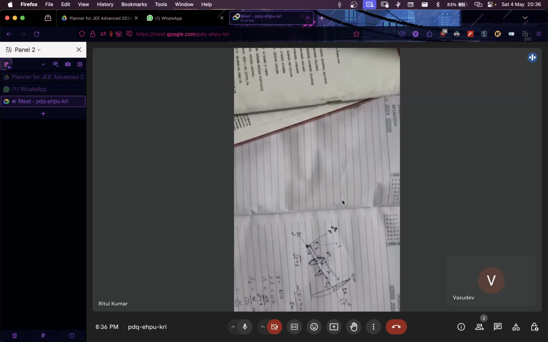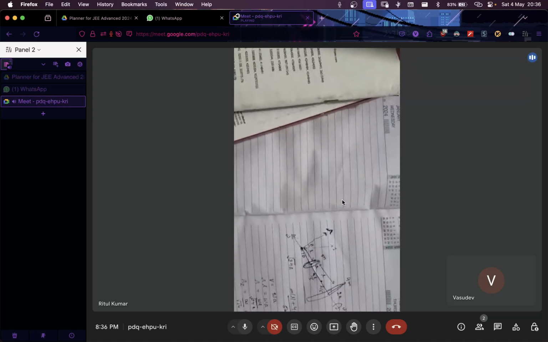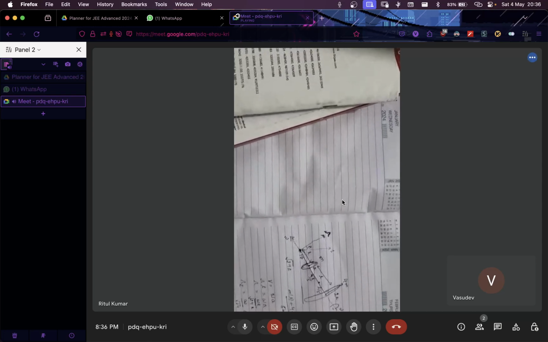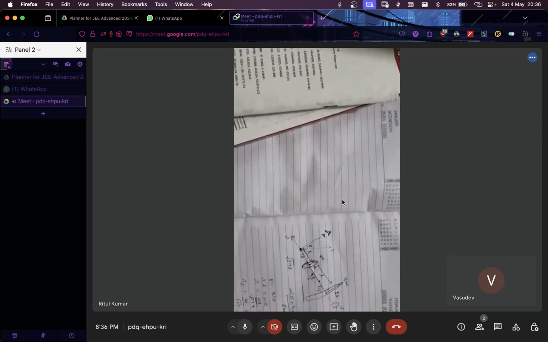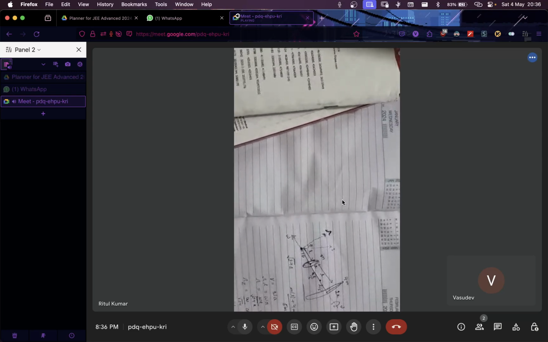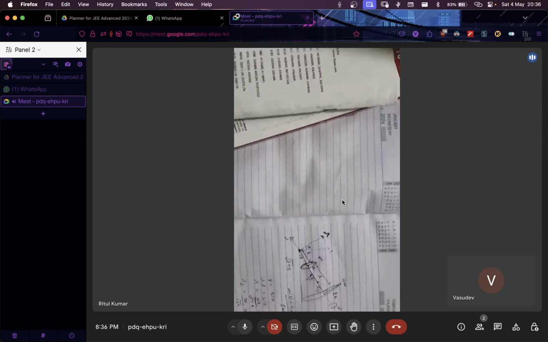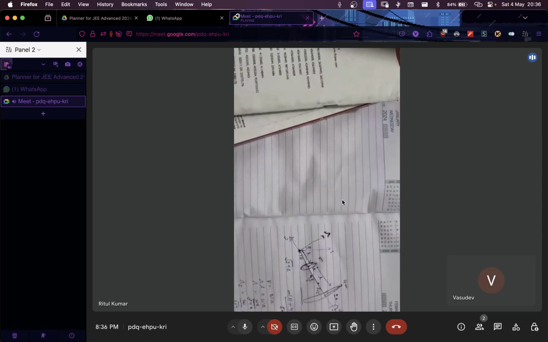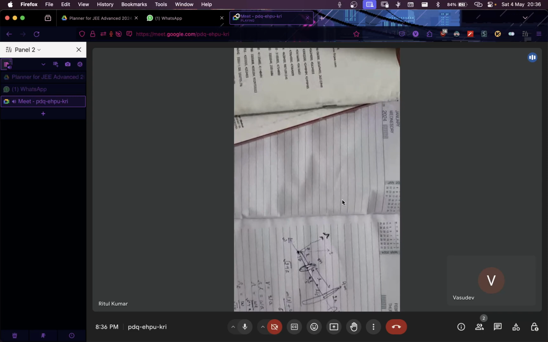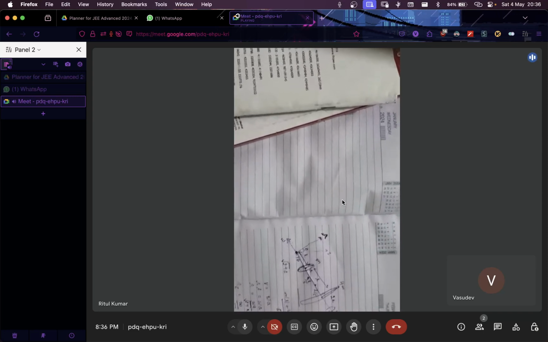What about L of center of mass about O? Find angular momentum of center of mass about O. How will you go about it? Pretty simple. Mind you, in the question the option was to read L, that is angular momentum of center of mass.